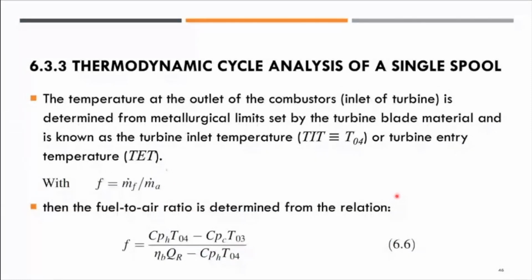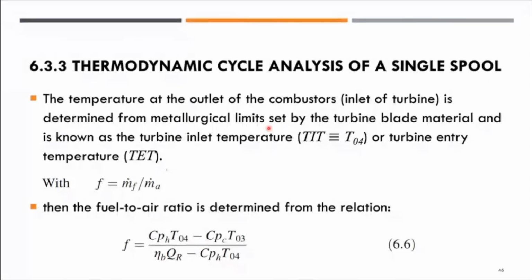So the thermodynamic state at the outlet of the combustor, the inlet of the turbine, is determined from metallurgical limits. What happens is that when the temperature in the combustion chamber is very high, the turbine itself, if it is not properly cooled, can be softened.